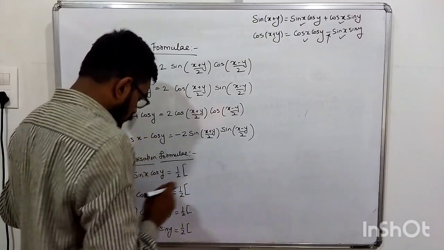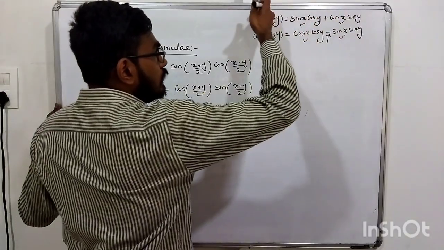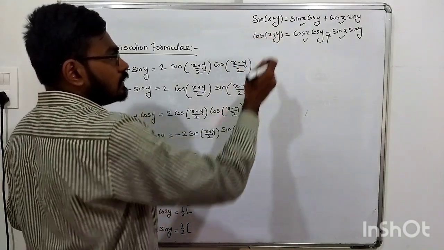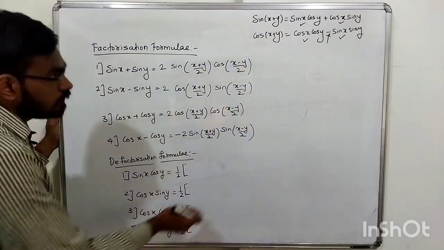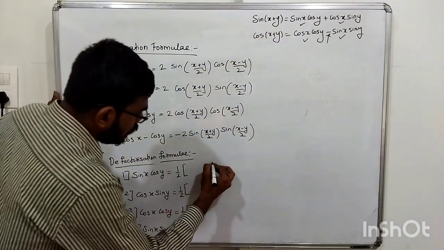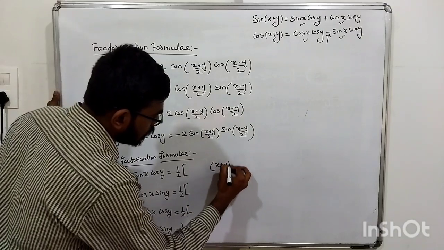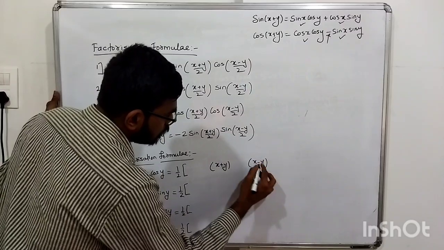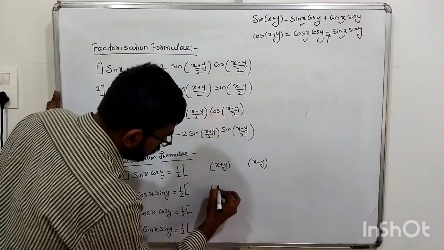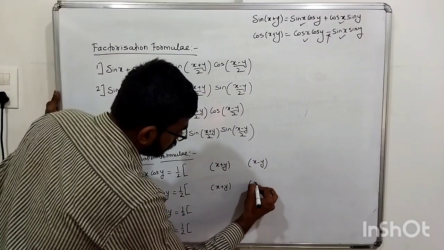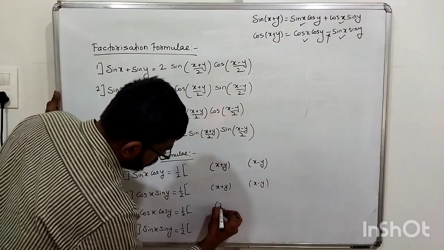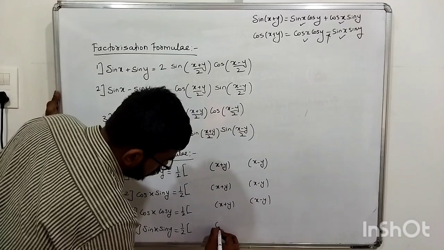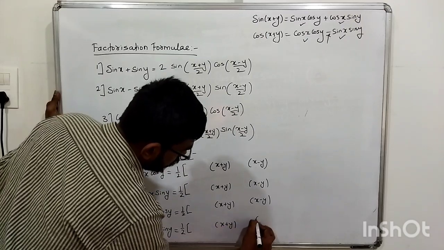Cos x sin y, so sin minus sin. Remember. Cos x cos y, so cos plus cos, and for sin x sin y, cos minus cos, and in between you have to write x plus y, x minus y like this.